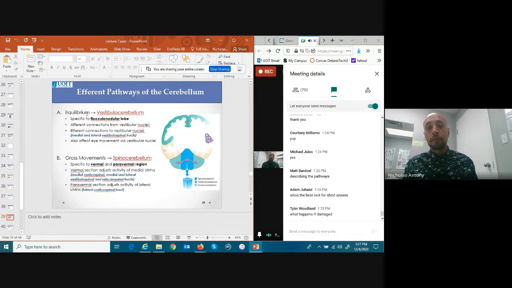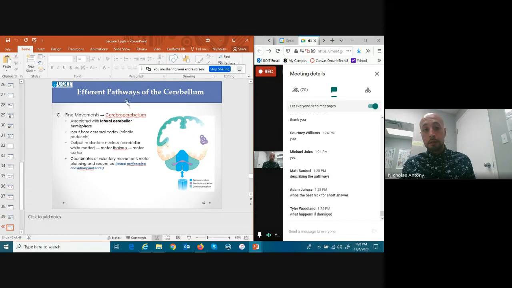So if it's responsible for equilibrium, it's going to involve the medial upper motor neuron tracts, the ones that were responsible for equilibrium, which we talked about. Whereas with gross movements and posture, we also see the medial upper motor neuron tracts. Whereas the lateral lobe of the cerebellum, the cerebrocerebellum, is for fine movement. So it's going to be associated with our lateral upper motor neuron tracts.